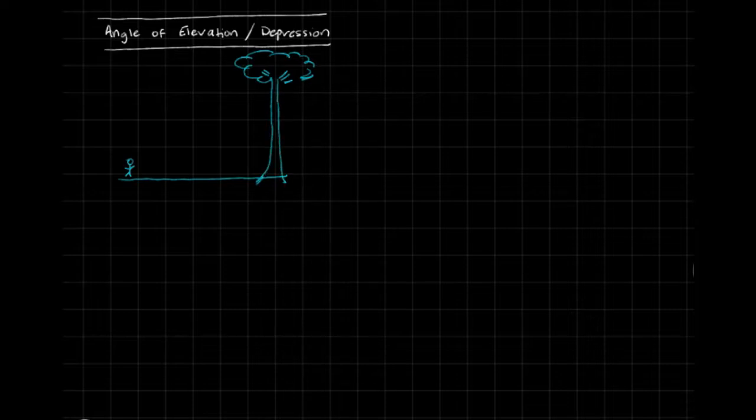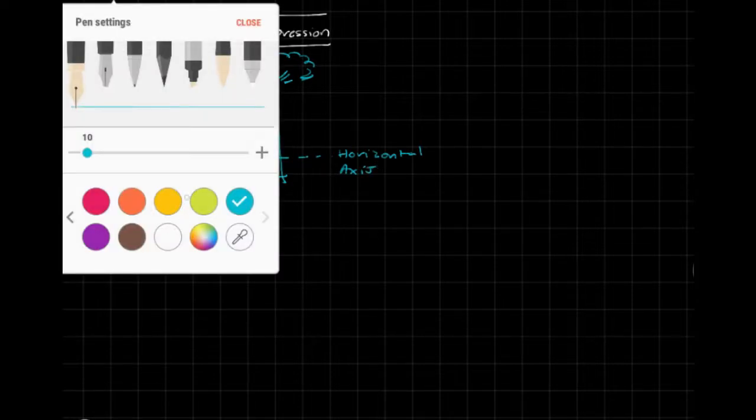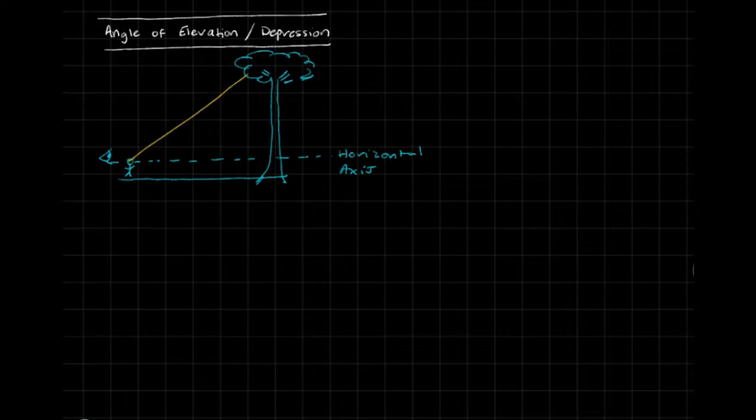Okay, so there's a person that's looking at the top of the tree, and let's say that this is their eye. Okay, so they're looking at it horizontally, this is their horizontal eye level. We'll call this the horizontal axis. Okay, and when they're looking up to the top of the tree, this is something called the line of sight.